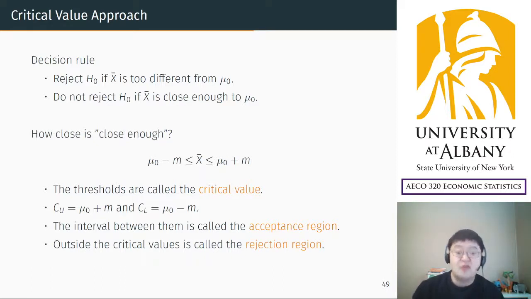So that's where we reject the null hypothesis. By the way, this form looks familiar because this is what we learned in the confidence interval chapter. And yes, it's very closely related to the confidence interval, and we are going to compare this with the confidence interval later. So wait a few minutes to get there.